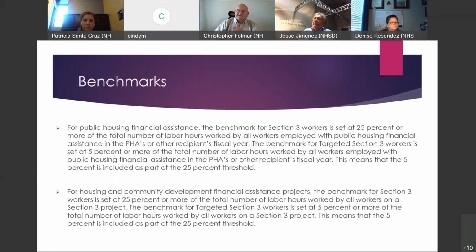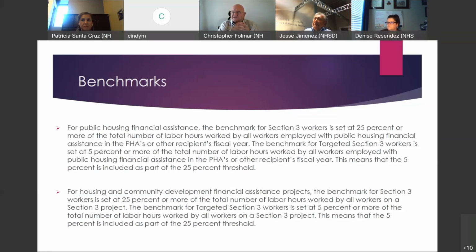Okay, so the description of how to calculate Section 3 percentages is a bit obscure. We actually had quite a discussion about it amongst ourselves, and we finally found an FAQ that explained it. Both of these paragraphs here are quotes from HUD's Section 3 FAQs that were published on March 25th.